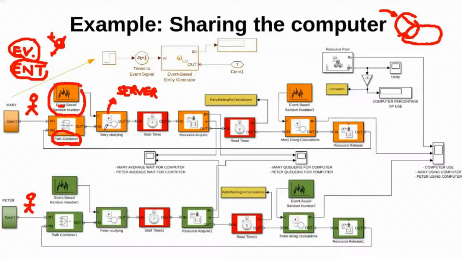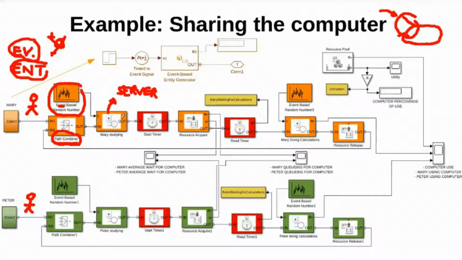Okay, that's the general idea. If you put a simple random number, a random number will take a lot of numbers in here depending on the simulation time. But an event-based random number will take a random number in here when Mary arrives to this block, to the Mary studying block. That's the difference between a random number block and an event-based random number.